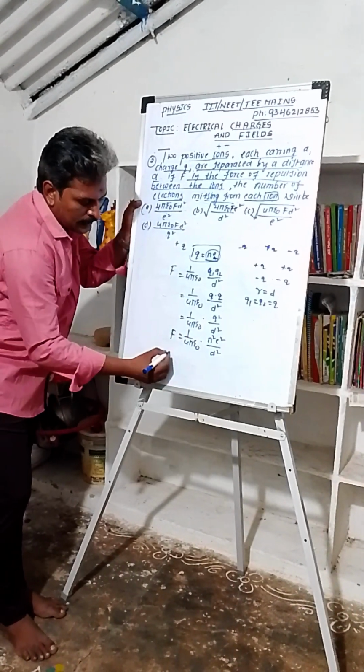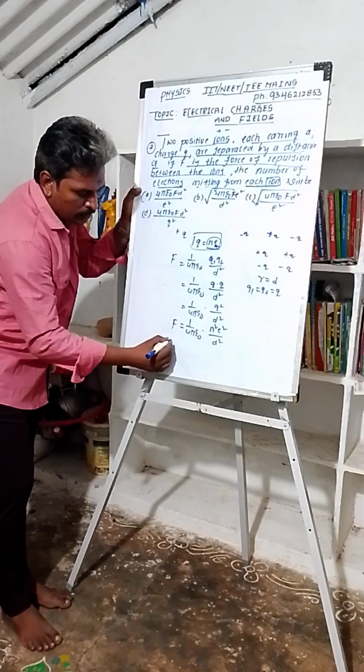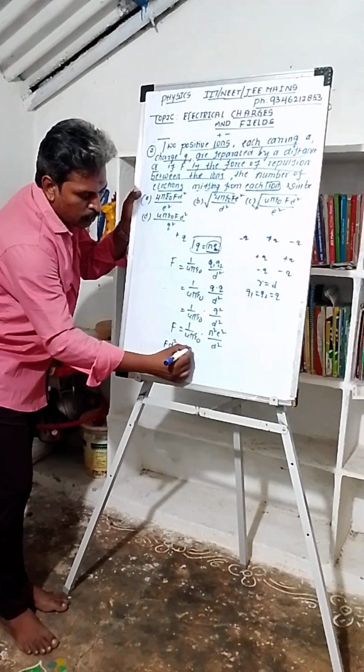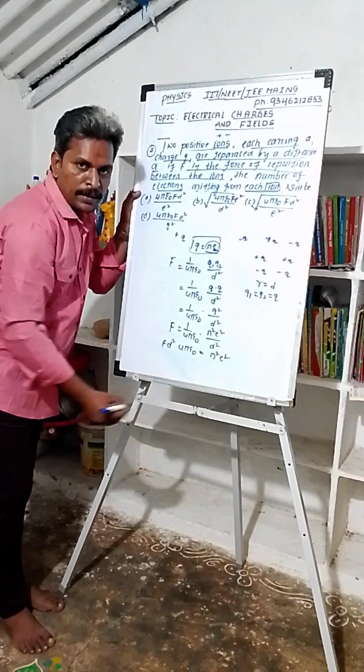Writing this equation on the left hand side, F d square 4 pi epsilon naught is equal to N square e square.